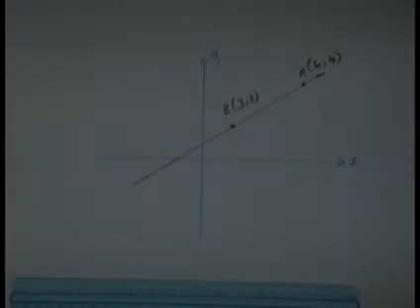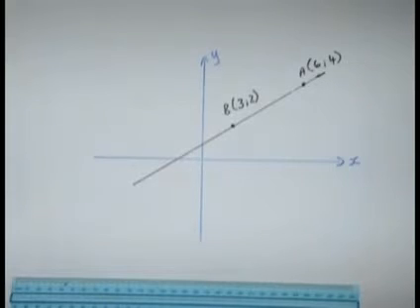Now let us take a look at the gradient. The gradient, also referred to as the slope of a line, measures the angle of inclination between the horizontal plane and the line segment. Let us take a closer look at that. We are now going to look at the gradient or the slope of a line.